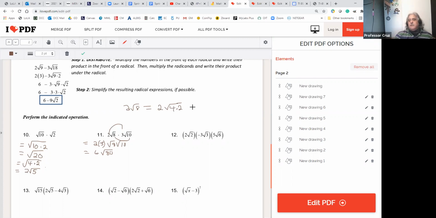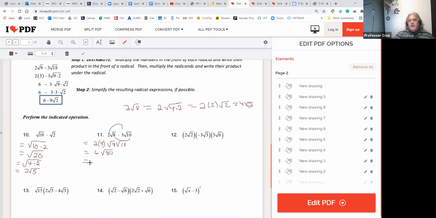This could end up being 2 times 2 square roots of 2, which is 4 square roots of 2. So if you wanted to, you could do that first. But with this one, I don't think it's that large of a number.